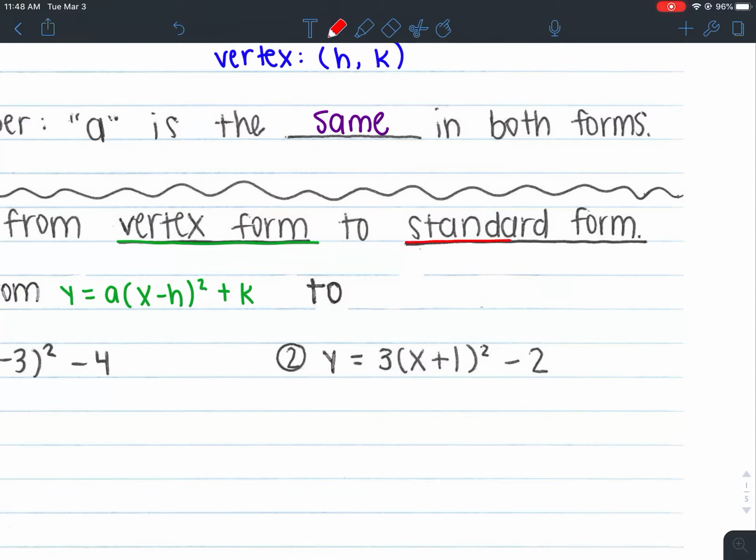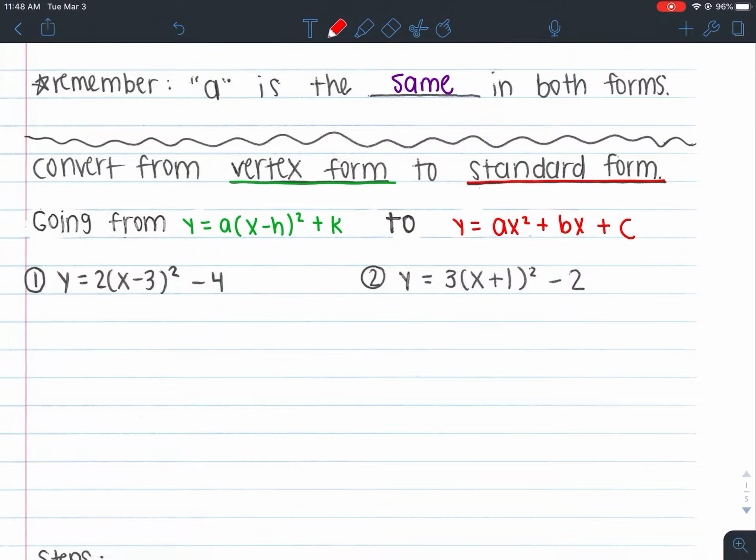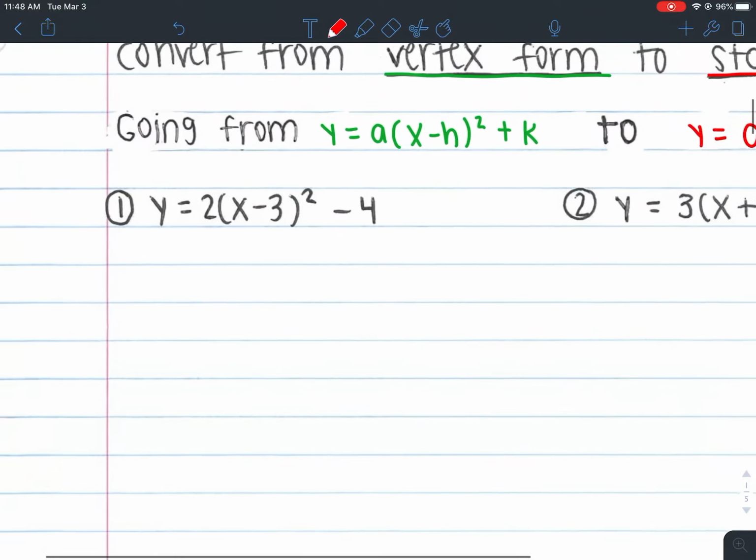Remember, standard form is one without parentheses. Okay, so we're going from vertex form to standard form. Well, what does vertex form have that standard form does not have? Well, one thing, it has a vertex, right? Standard form doesn't have a vertex. But the second thing it has is parentheses. Standard form does not have any parentheses, so we have to get rid of the parentheses.